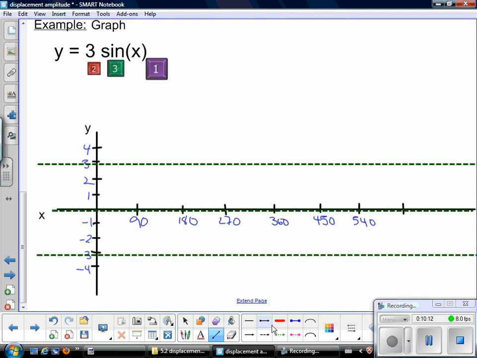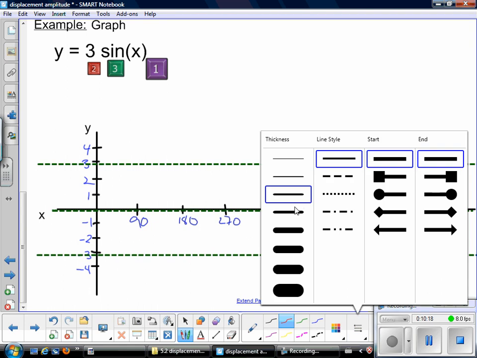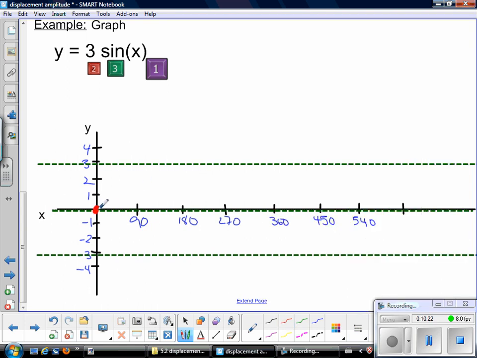I have sine. Sine starts in the middle, so that means that I am going to start in the middle and go up. So every time I touch a dotted line and it crosses with the 90, I put a ping pong. And I go down, it ping pongs back up, back down.